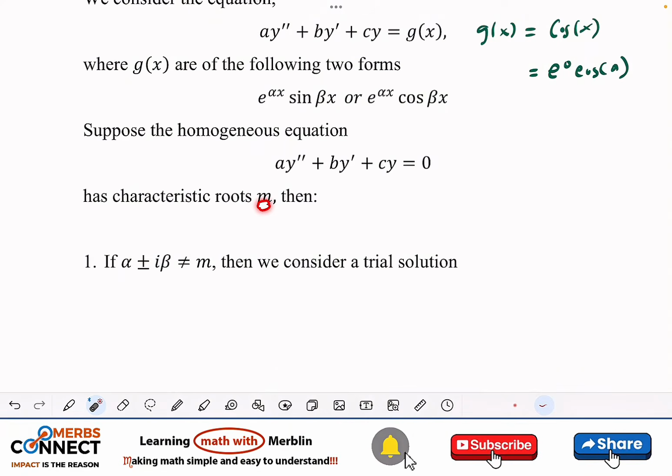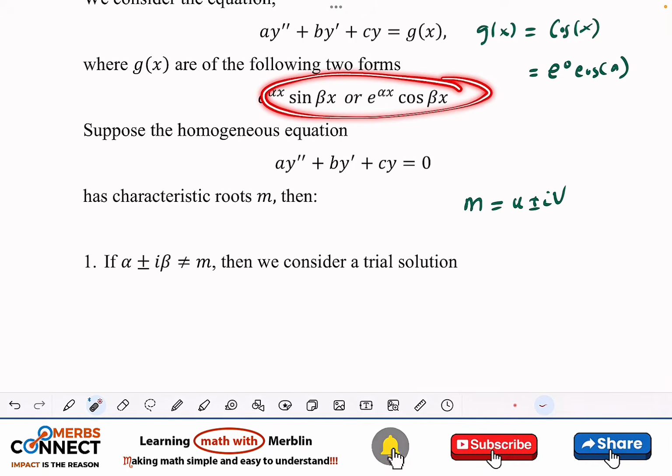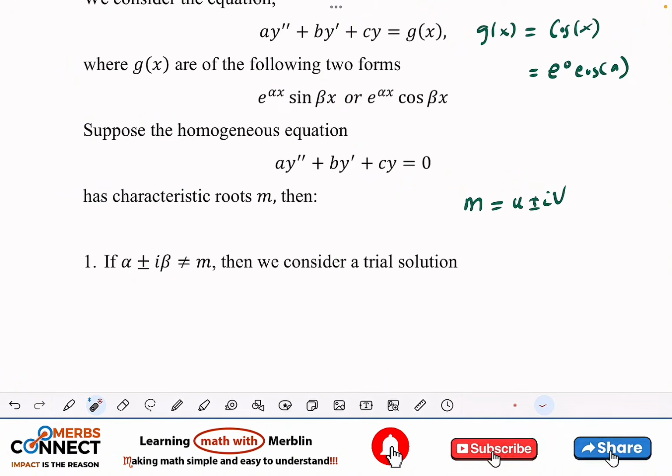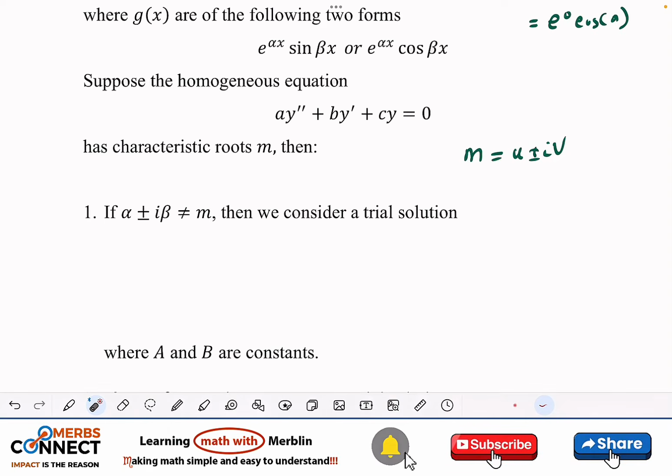So we assume that m is the characteristic root, and we know that here m is going to be something like this, let me say u plus or minus i v, right? Because it's complex. So anytime we have something like this, then we need to think about complex, right? So then what will be the trial solution for this one too?